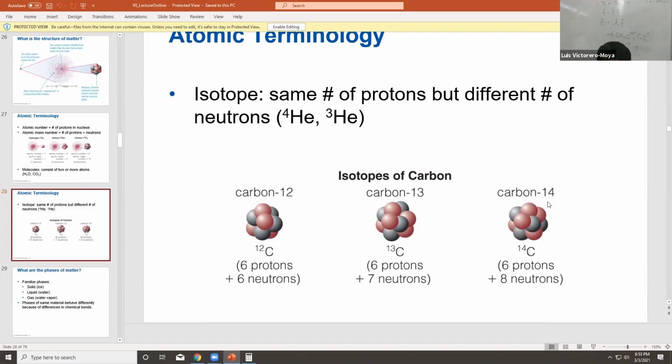Okay, so carbon 14. Who remembers where we use carbon 14? This isotope is very important for archaeologists and anthropologists. Radioactive decay, perfect. So these isotopes have a radioactive decay, and we use it to measure the age of things, right?